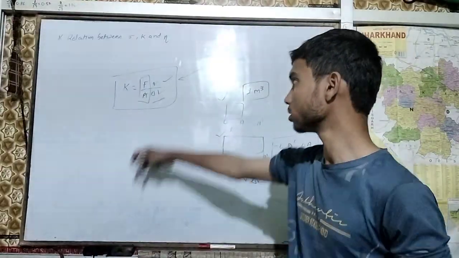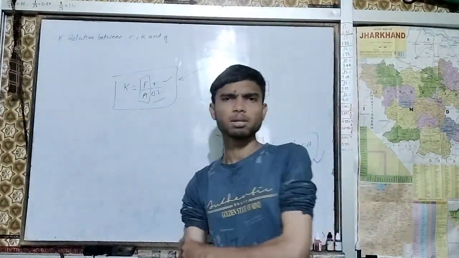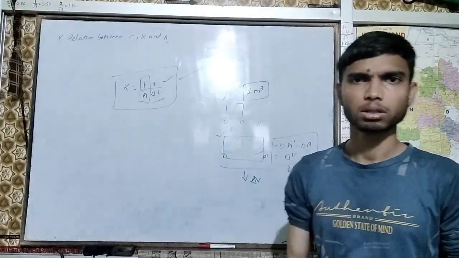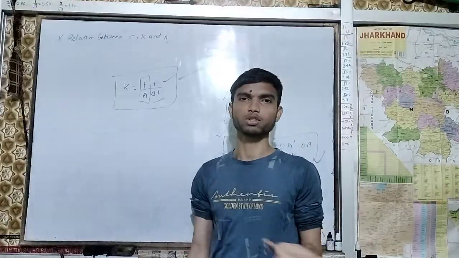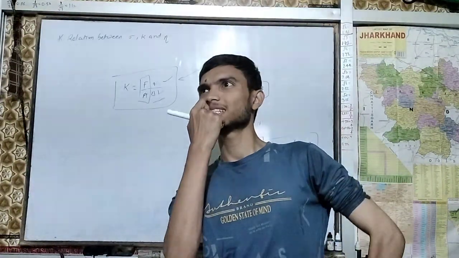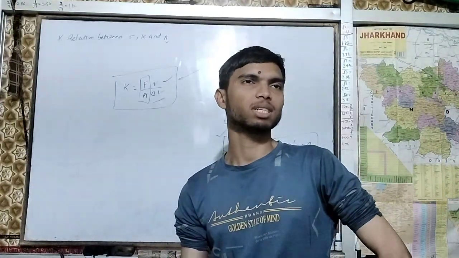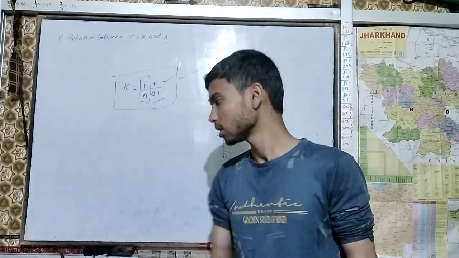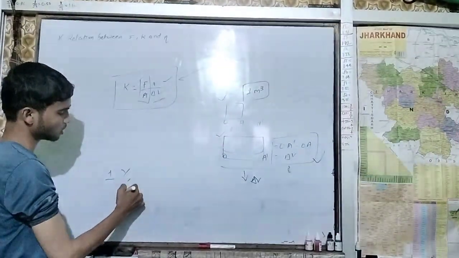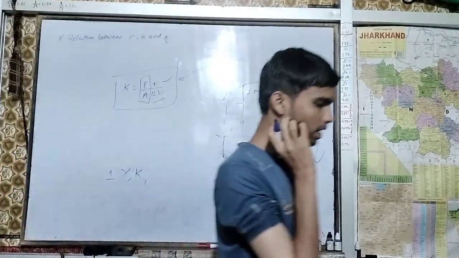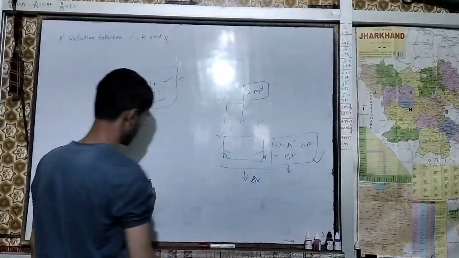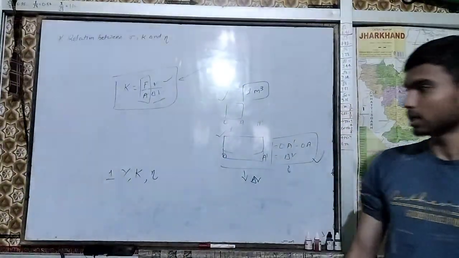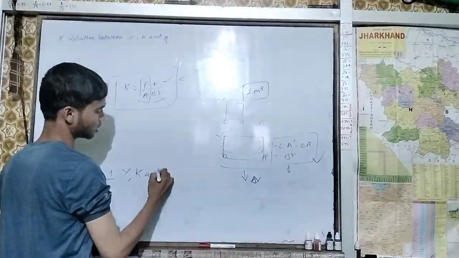Except this, I took the second relation, between Poisson's ratio, bulk modulus and rigidity modulus. The first relation is between Young's modulus, bulk modulus and Poisson's ratio. Rigidity modulus is three times bulk modulus in one case.